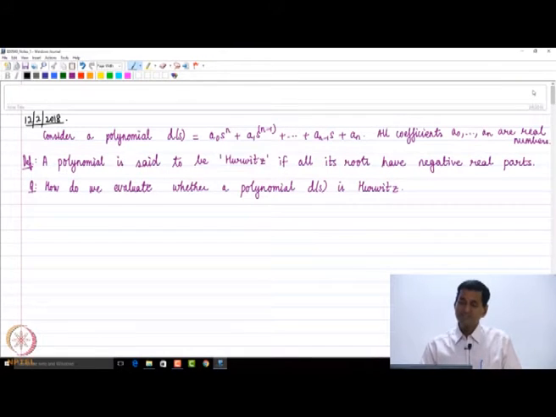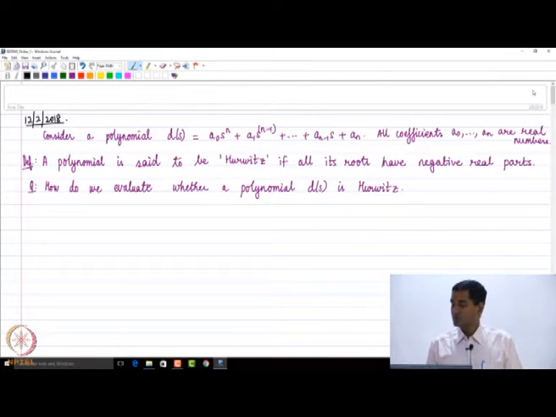Essentially, we consider a polynomial d of s, which is a naught s power n plus a1 s power n minus 1 all the way till an, where all the coefficients a naught, a1, a2 all the way till an are real numbers. This polynomial is said to be Hurwitz if all its roots have negative real parts. That's the definition of the term.